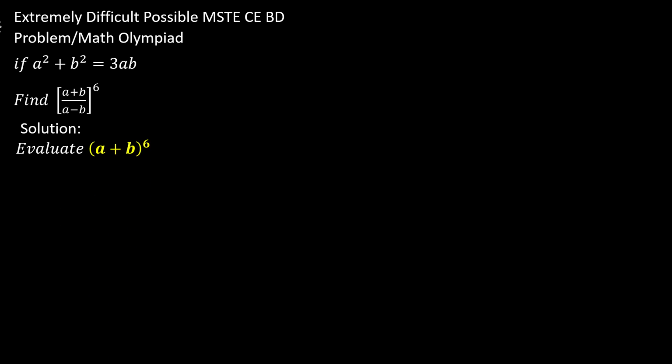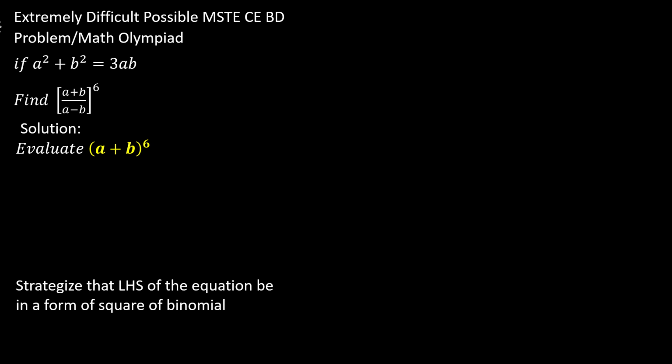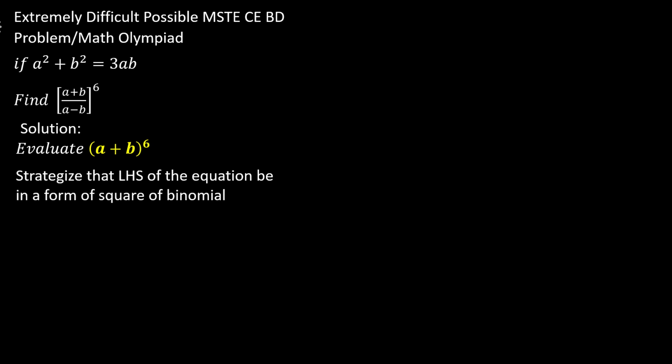For the first step of our solution process, we have to determine first the value of (a plus b) raised to the sixth power. The given equation in our given problem is a squared plus b squared equals 3ab. Now, using this equation, we have to strategize that the left-hand side of the equation must be in the form of a square of binomial. In order to do that, we must add 2ab on both sides of the equation.